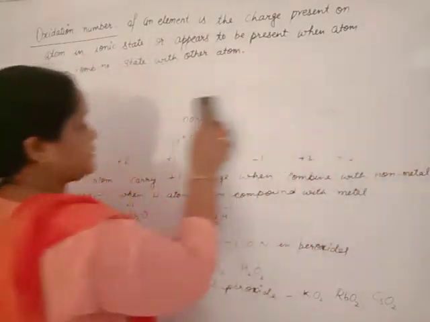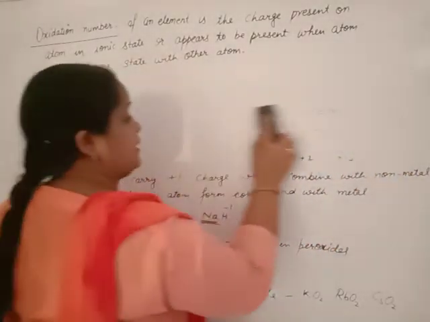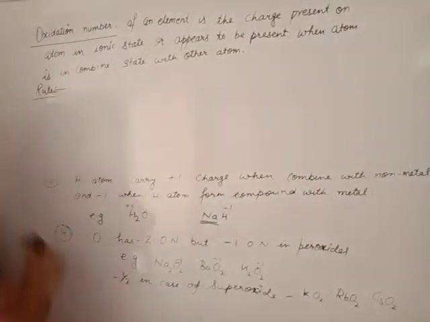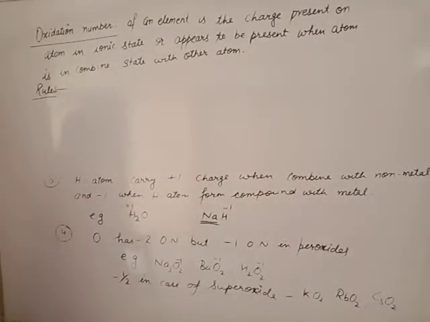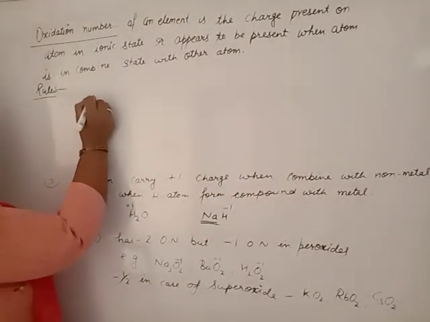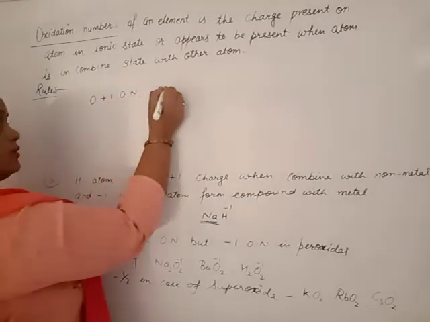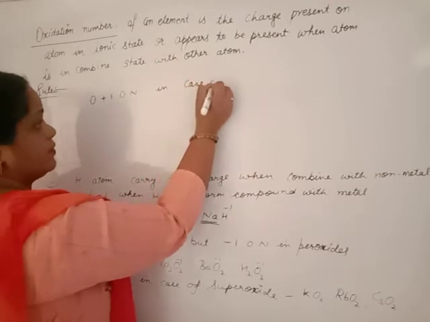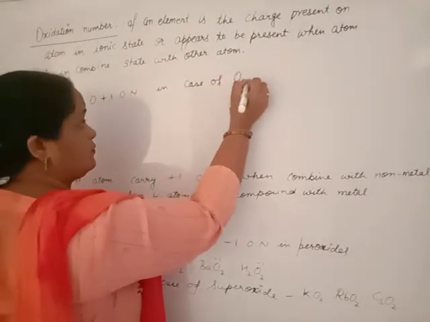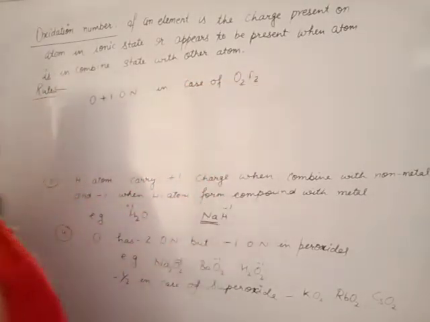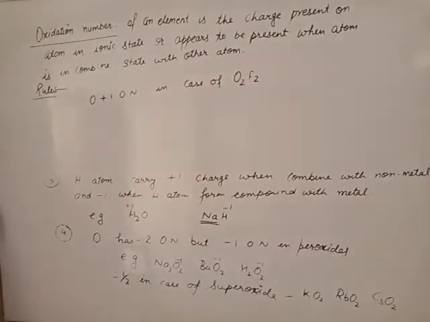But only in some cases, the oxygen atom also carries a positive oxidation state. Oxygen carries +1 oxidation number in O2F2. Only with fluorine does oxygen carry a positive oxidation number.